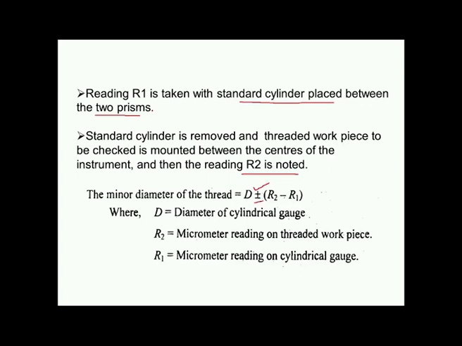Again, whether we use plus or minus symbol depends upon the size of the standard cylinder, whether its diameter is greater than the minor diameter or smaller than the minor diameter. Now, using this relationship we can find out the minor diameter of the screw thread.